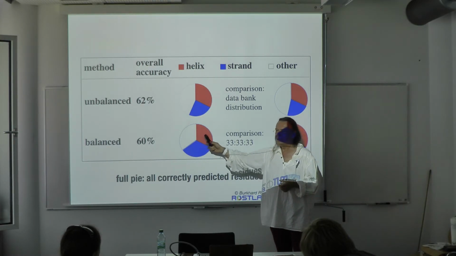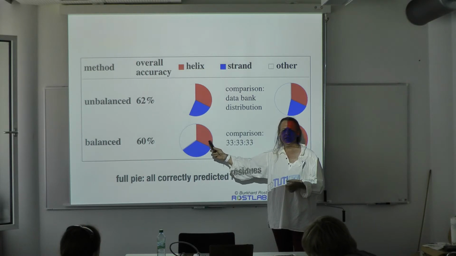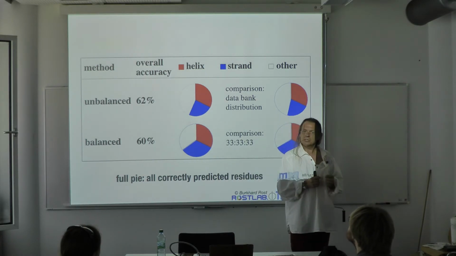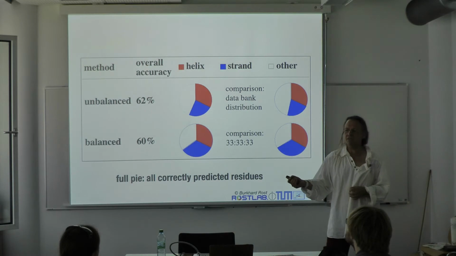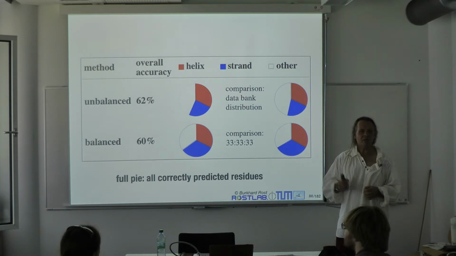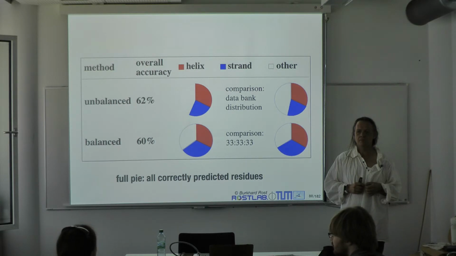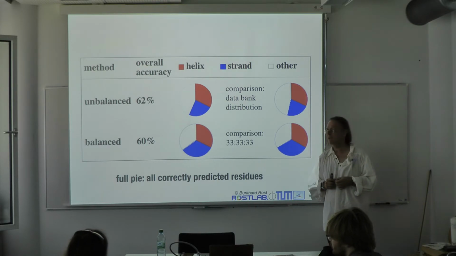But the remarkable thing here is, remember there was this argument that beta strand formation is less local than alpha helix formation? Is that the reason why we predict beta strand less accurately? Is that the weather?